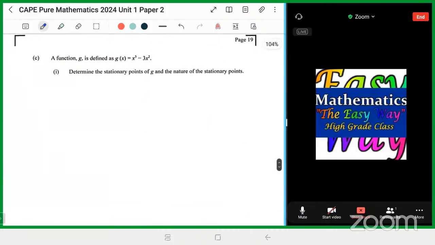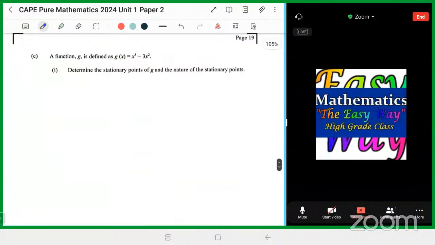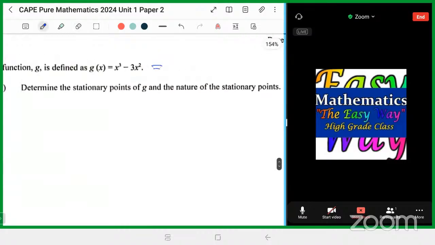This question says, function g is defined as this. It's a cubic. There's no constant and it passes through the origin, as you can see. You can factorize it right here into x squared bracket x minus 3.